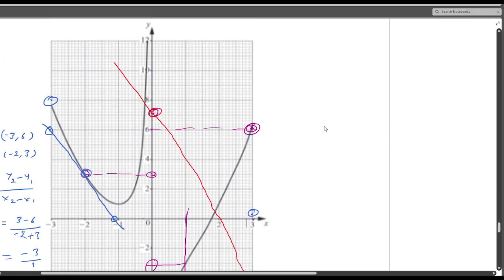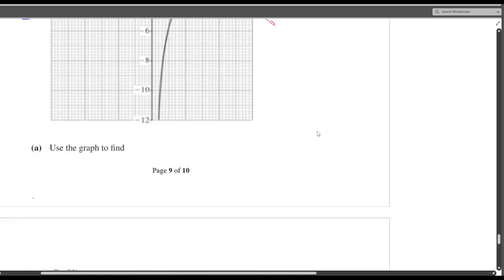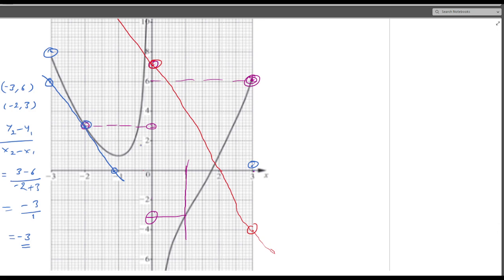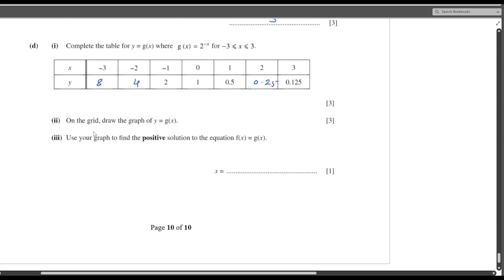For 0 it is 1, so it will cross this point. So this curve will go like this. It will be a curve.